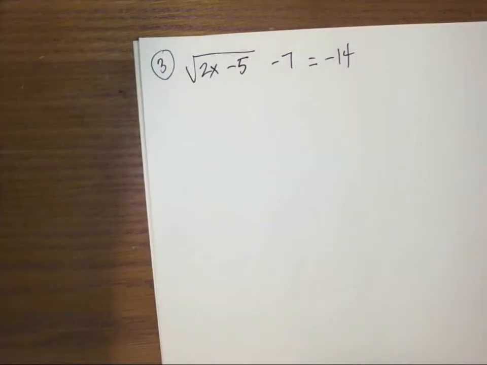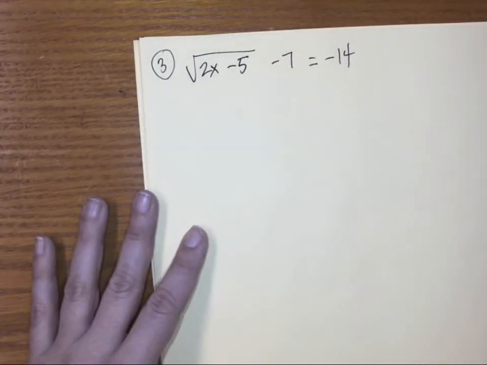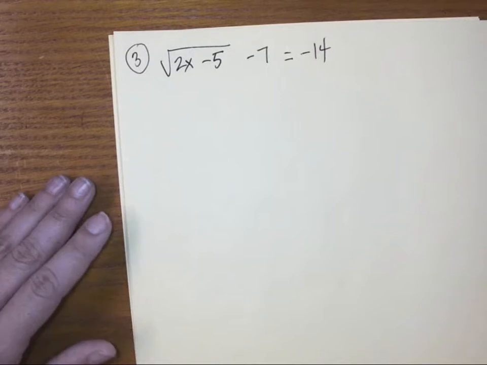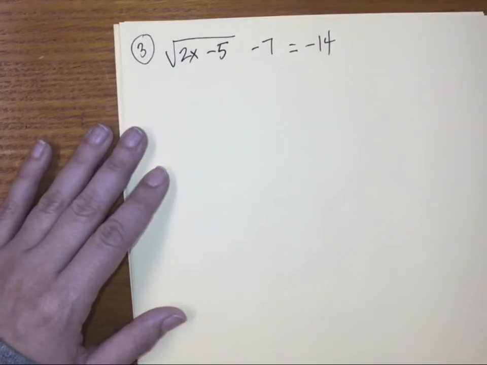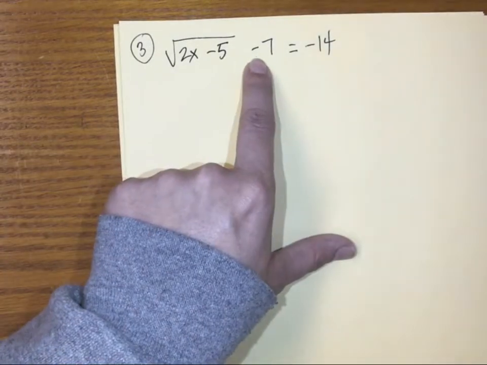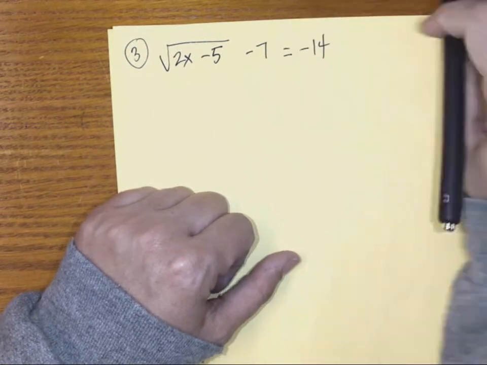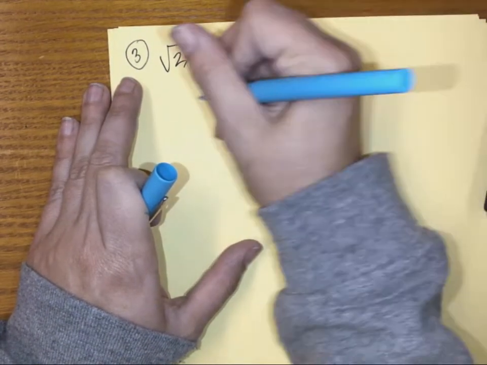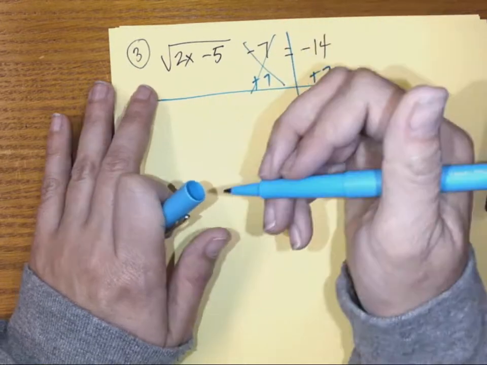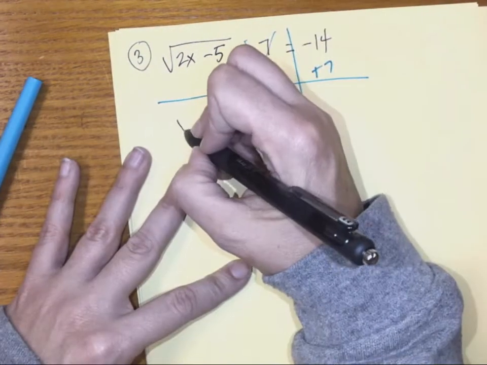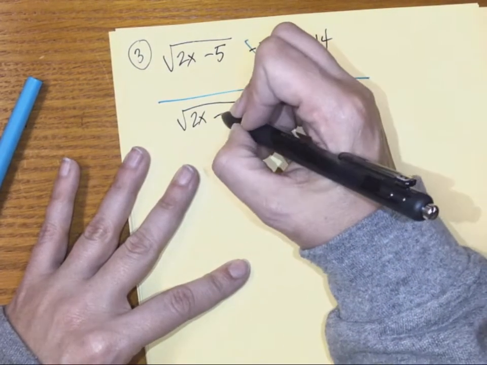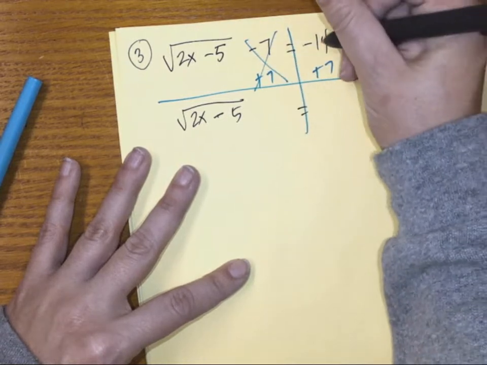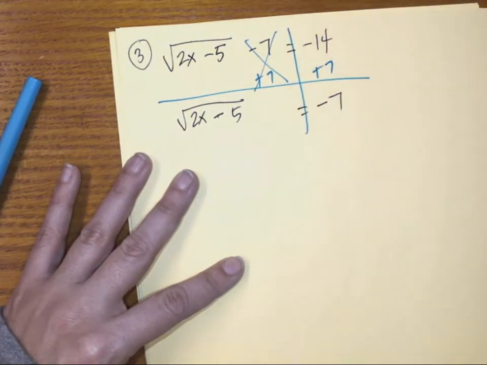It's kind of similar to the problem before, but when we work it out, there's a few things different about it. So still, the first thing I need to do is move this 7. The way I move that 7 is to add 7 to both sides of my equation. These undo each other, so I'm left with the square root of 2x minus 5. Negative 14 plus 7 is negative 7.